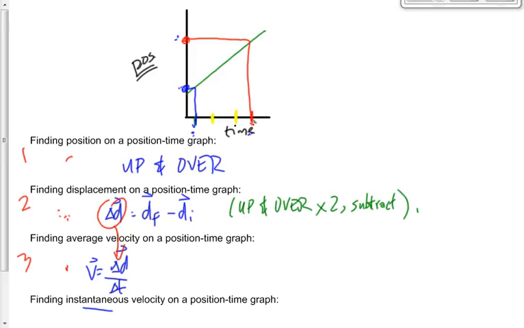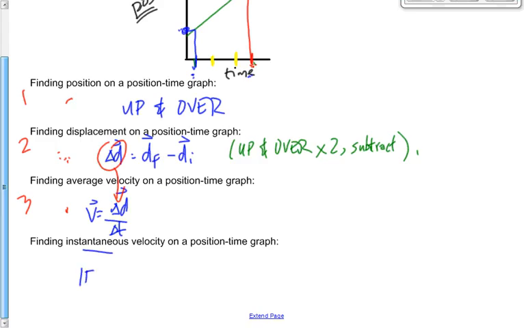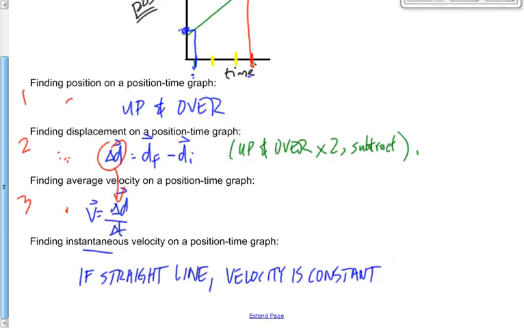I'll give you a hint. If it's a straight line, the velocity is constant, right? We said that a minute ago when we identified the shapes. So, if the velocity is constant, then the velocity at any instant is the same, isn't it?